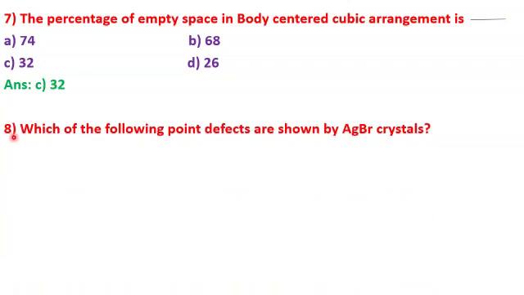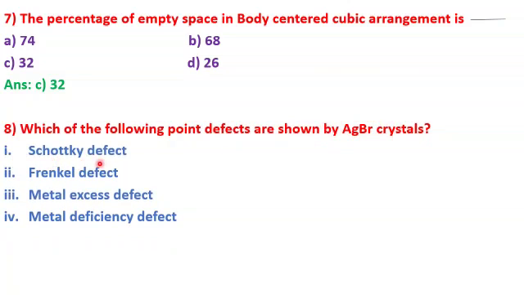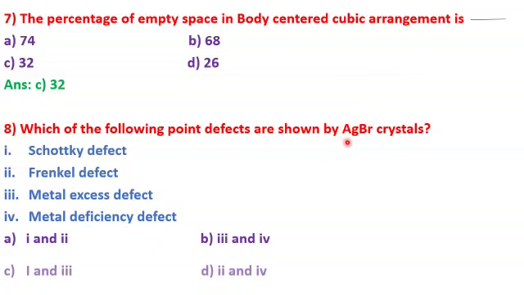Next, question 8. Which of the following point defects are shown by AgBr crystals? Silver bromide crystals. Schottky defect, Frenkel defect, metal excess defect and metal deficiency defect. You have to remember this. Options are A, first and second, B, third and fourth, C, first and third, and D, second and fourth.